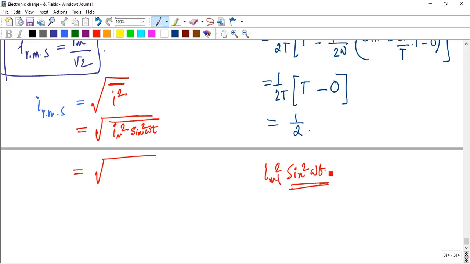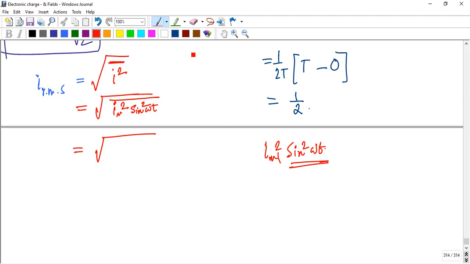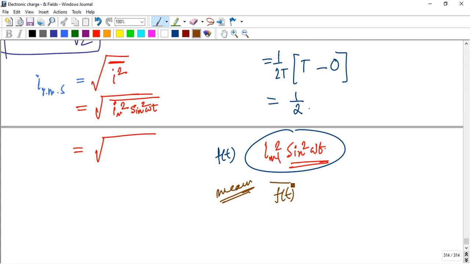If that is a function f(t), the mean of f(t) is equal to 1 by T, integral from 0 to T of Im square sine square omega t dt.